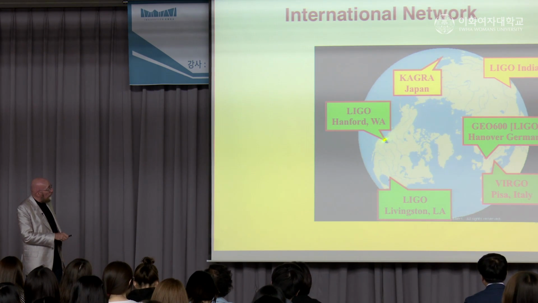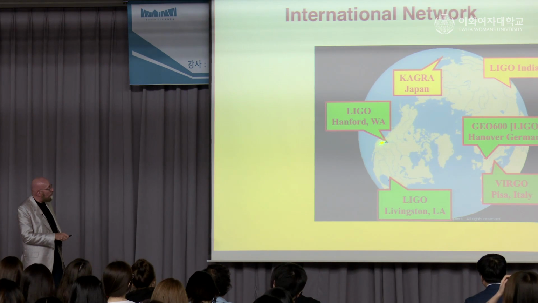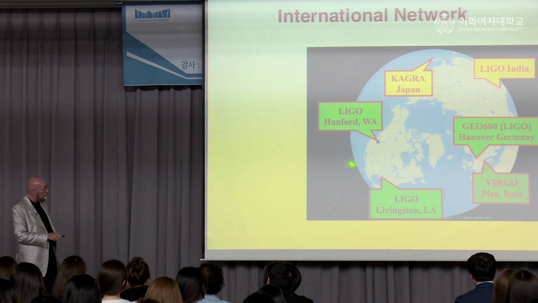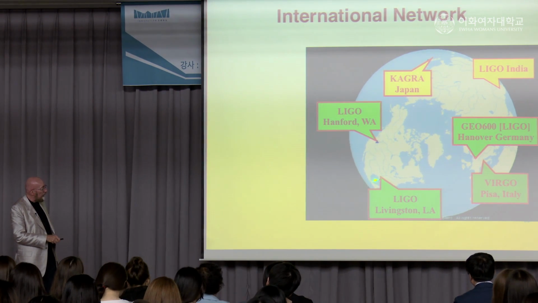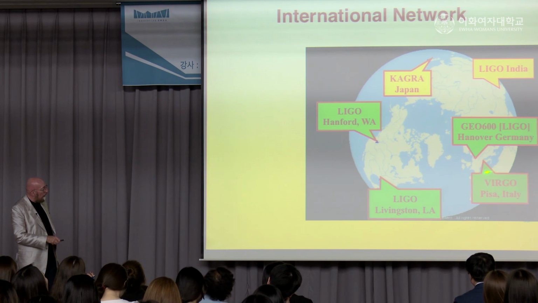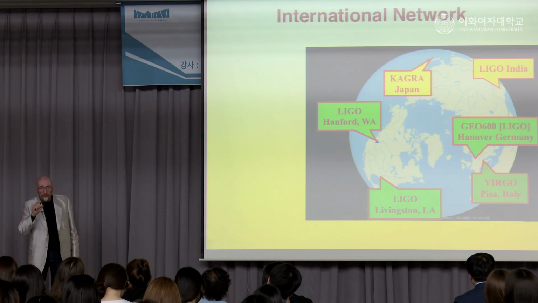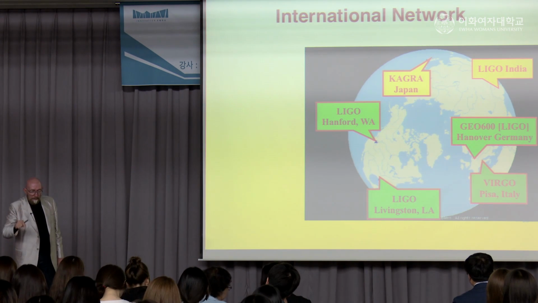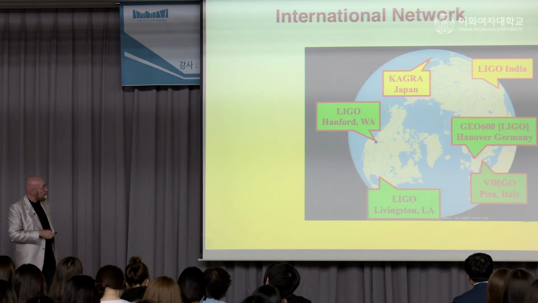So in terms of a world map, we have advanced instruments now operating in Hanford, Washington, and Livingston, Louisiana. There is a Virgo project with instruments that will go into operation in several years. It's a collaboration of France, Italy, and the Netherlands.